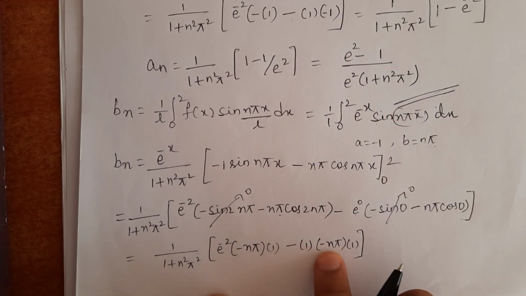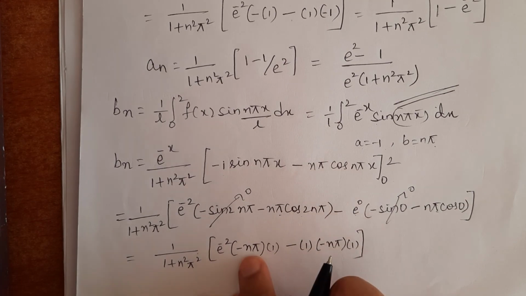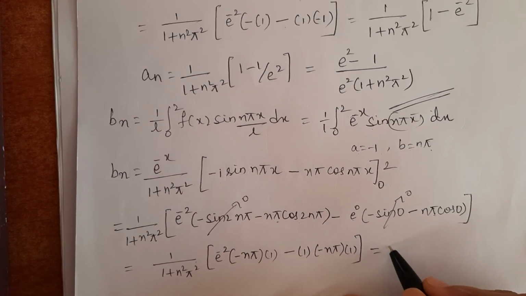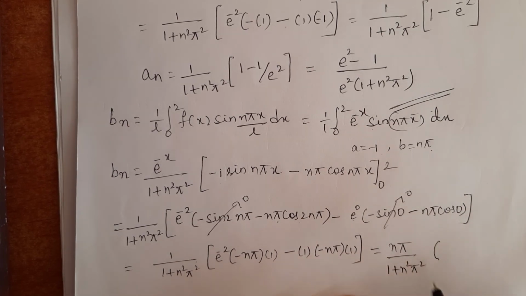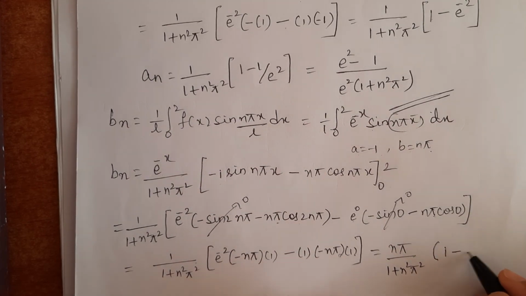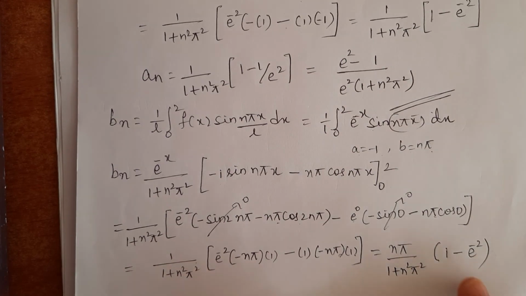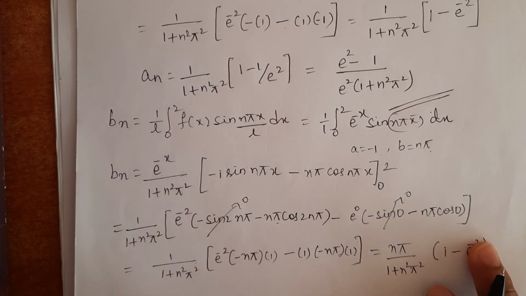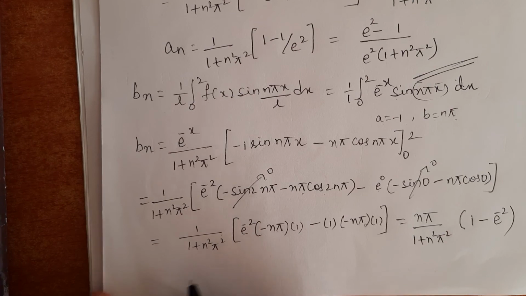So, minus of minus will be plus. N pi is a common term. I will take out n pi as a common term, divided by 1 plus n square pi square into 1 minus e power minus 2. Again, e power minus 2 can be written as 1 by e square.